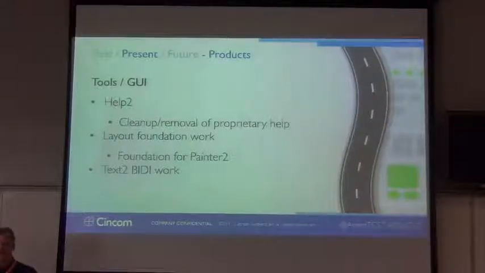We've introduced Help 2. I'll talk more about that next slide. We've been working on some layout foundation work. A lot of this is preparation for Painter 2, which is another new version 2 item that we're working on for the future. And Text 2, bidirectional support work for bidirectional languages.